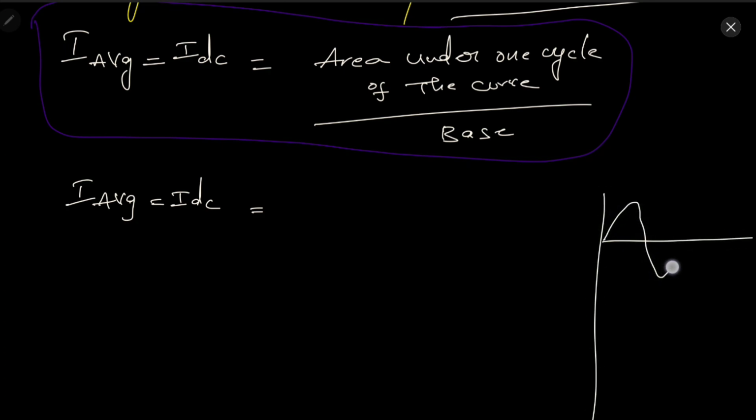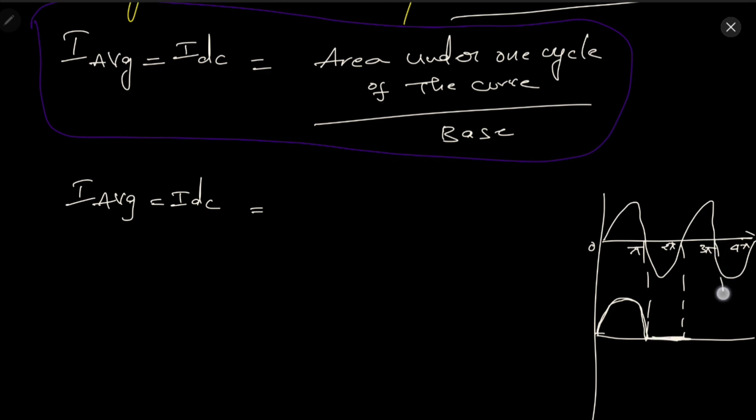This is our input signal, and this is what we get in the output. During the positive half cycle, this is pi, 2 pi, 3 pi, 4 pi, and it continues like that. In the positive half cycle it will conduct, and in the negative half cycle it will not conduct.